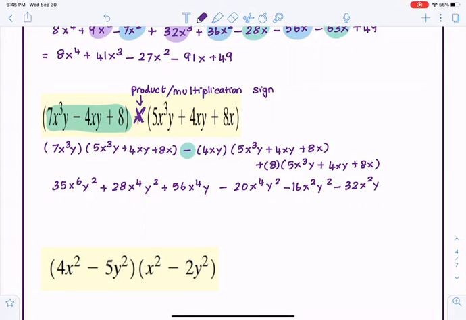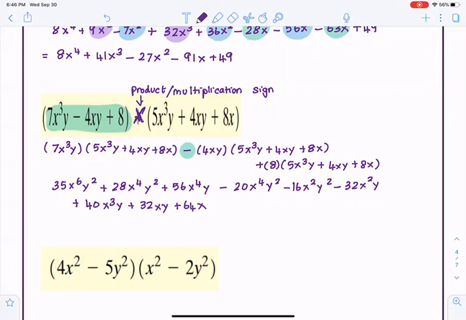Then we distribute that 8 in, so we will get 40x cubed y plus 32xy plus 64x. Now we just have to go and hunt for common terms.